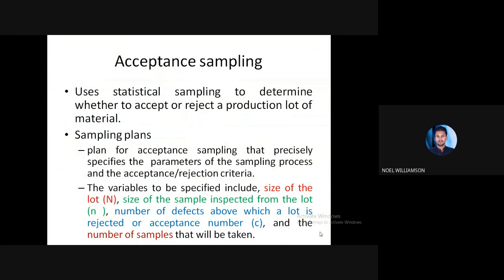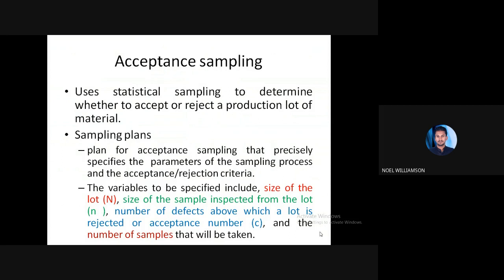Using the sampling technique, whether we can accept a product or not is done by acceptance sampling through many plans, like single sampling plan, double sampling plan, multiple sampling plan, sequential plan, and so on. That is beyond our topic. Anyway, there are certain sampling plans, and based on that we accept or reject a material.